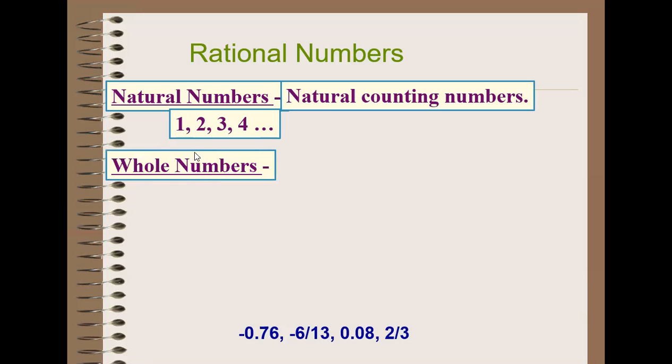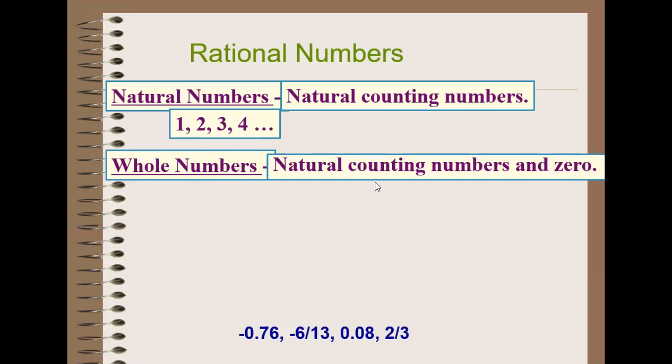For this reason, we are looking for another set of numbers, which is called whole numbers. For whole numbers, we add 0 to the natural counting numbers. So in this one, it will be 0, 1, 2, 3, and so on.